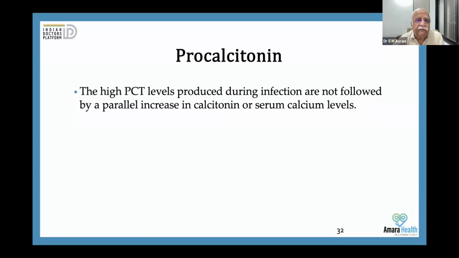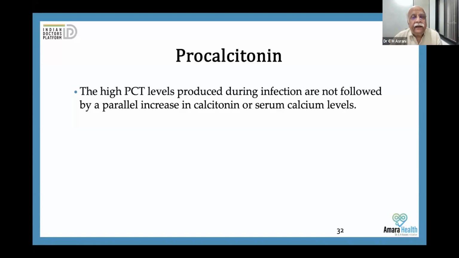The high PCT level, high procalcitonin level produced during infection is not followed by a parallel increase in calcitonin or serum calcium level. So you may say that since it is a precursor of calcitonin, why not measure calcitonin?